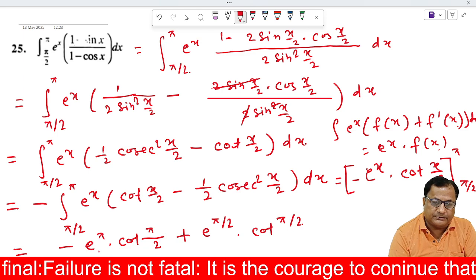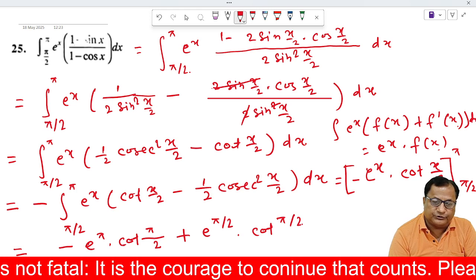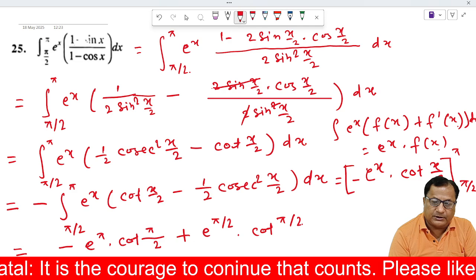Now cot (pi by 2) is 0, so 0 into this will be 0, and we are left with e^(pi by 2) and cot of the half angle.